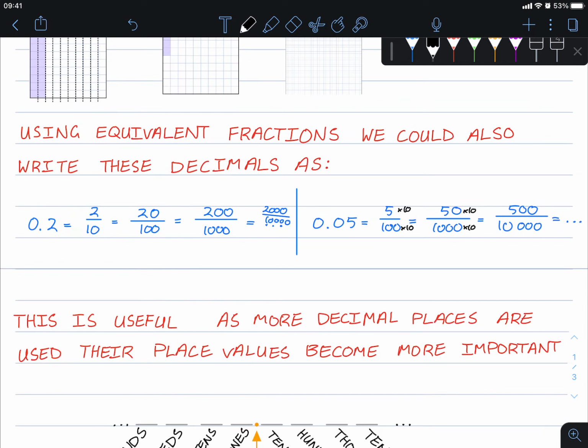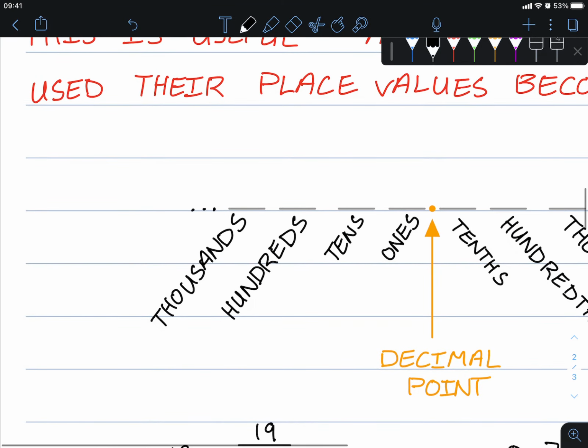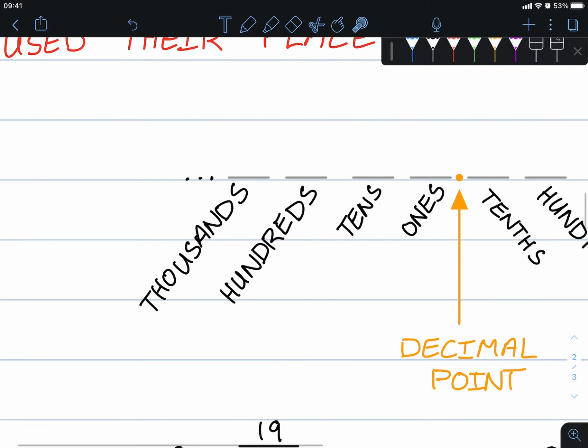This is useful as more decimal places are used, their place values become more important. So just so you know, the decimal point exists just to the right of the ones column. And from the ones column, we have the tens column, hundreds column, thousands column, and so on.